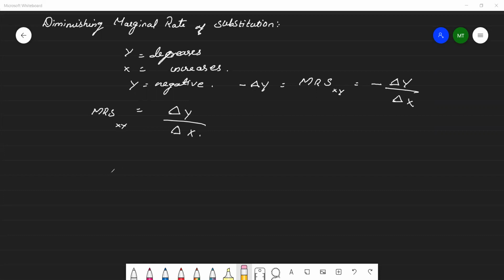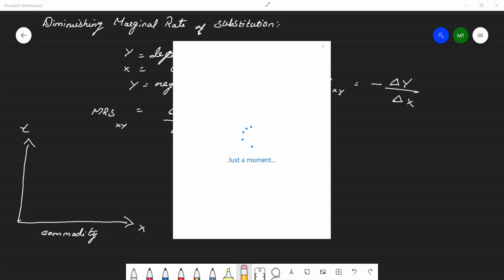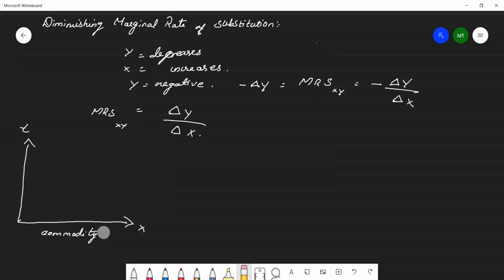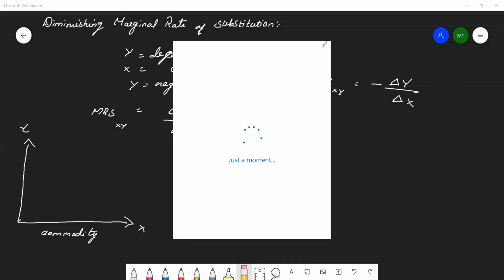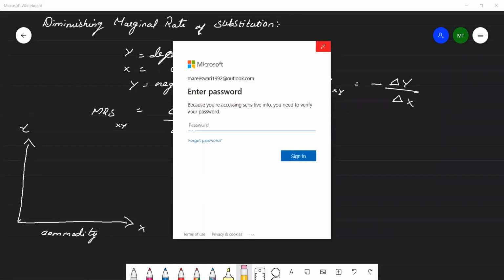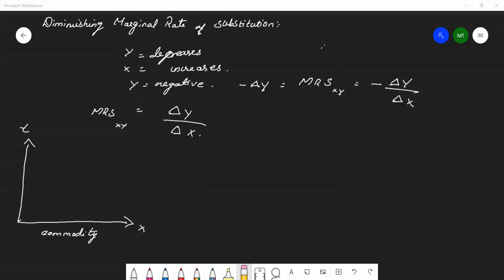The diminishing marginal rate of substitution has various diagrams. First diagram: the x-axis and y-axis, with commodity x and commodity y.